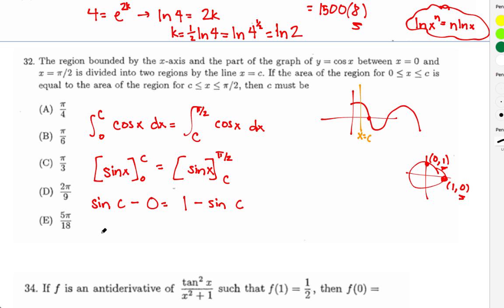So add the sine c over there. We have 2 sine c equals 1, so sine c equals 1/2. What is the angle for which the sine is 1/2? Well, we really need to know our 30-60-90, right? Because opposite the 30 is the 1/2. The angle is 30 degrees, which is pi over 6, because 180 divided by 6 is 30 degrees. So our answer is B.